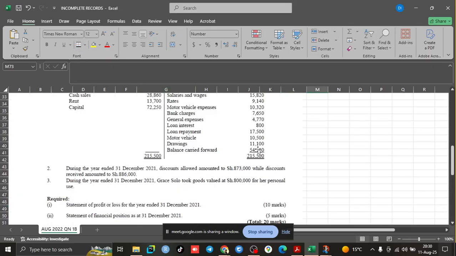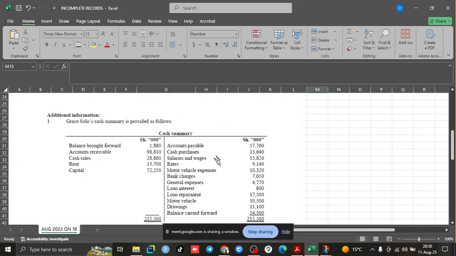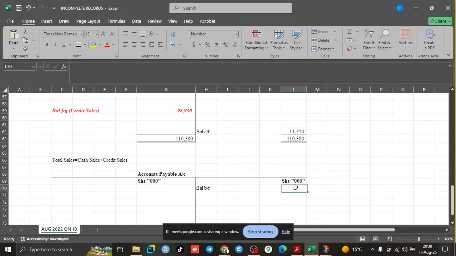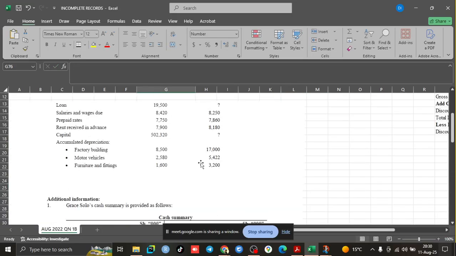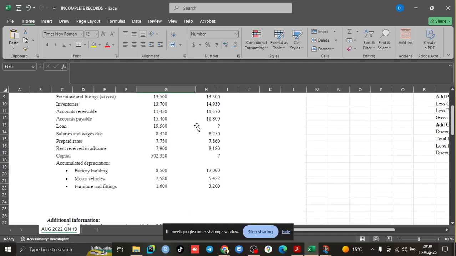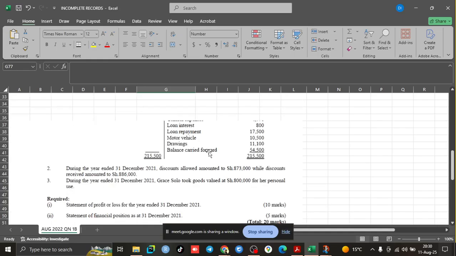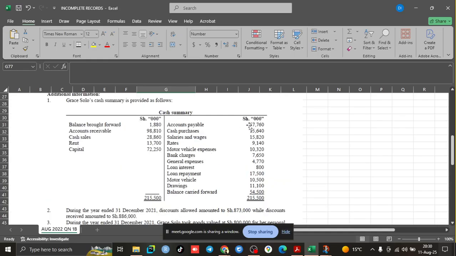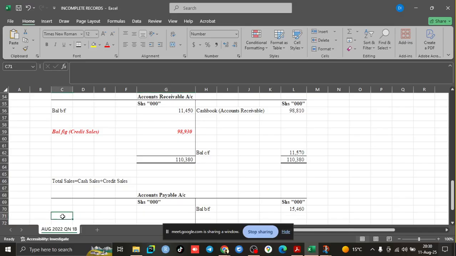So brought forward for payables, the amount ya accounts payable ni 15,460. Carry forward for accounts payable ni 16,800. Haya, we have done hivyo. Then kwa cash summaries, kuna zile accounts payable ziko recorded kwa cash summary, huko ziko on the credit side. So kwa this account tutazileta on the debit side.